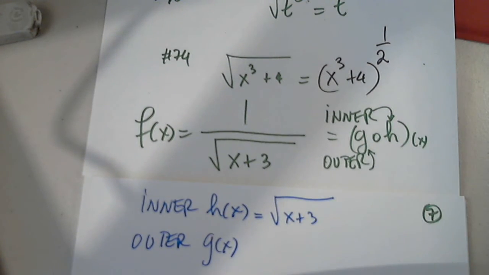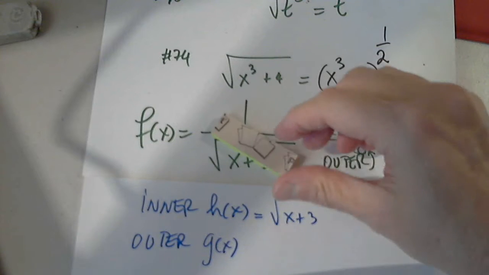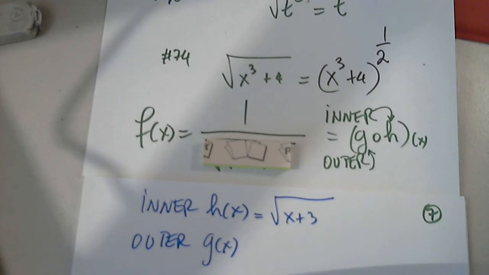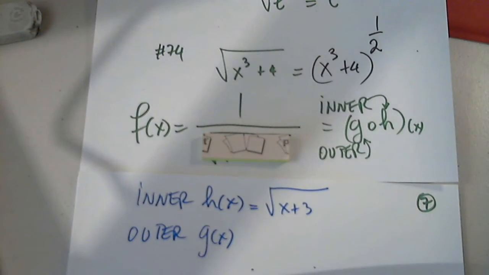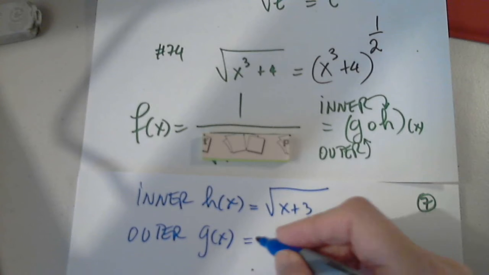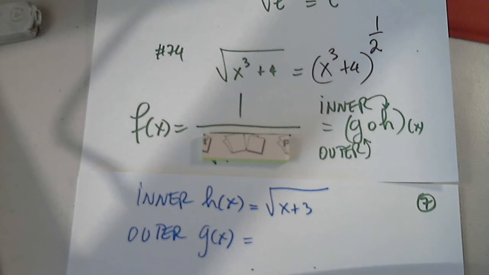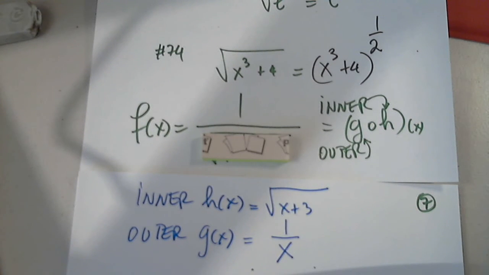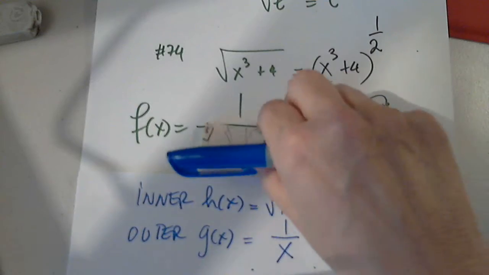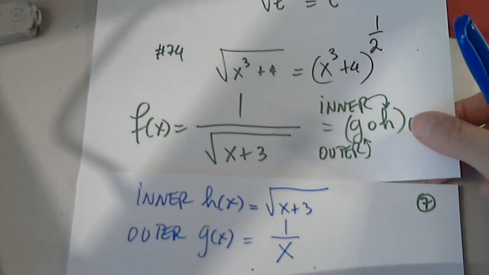So now I have a number. Which function do I apply to this number? Say 1 over the number? Yes, that is correct. 1 over the number. Exactly. Thank you.